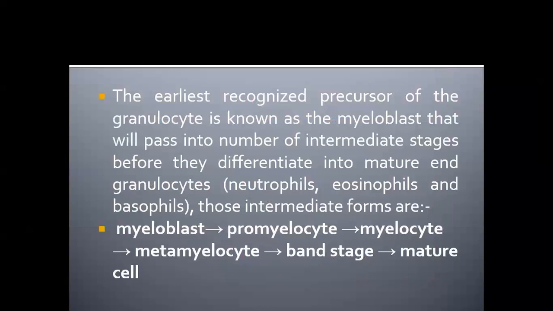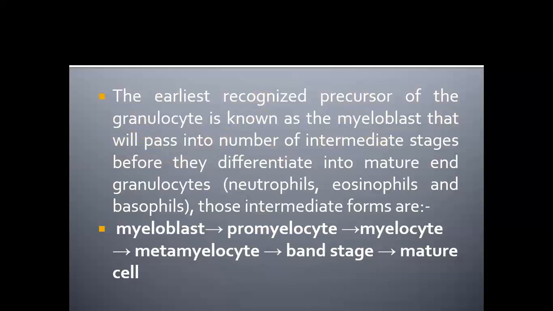Now, after the stem cell has given me the multipotent progenitor cell of the myeloid component, and it is committed into the granulocyte formation, the earliest recognizable precursor of the granulocyte is known as the myeloblast. If you remember, with the red blood cells the earliest recognizable precursor we called the erythroblast.